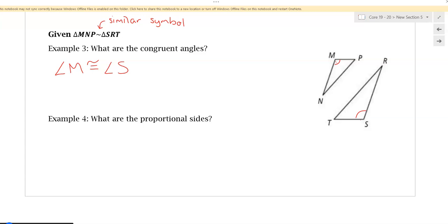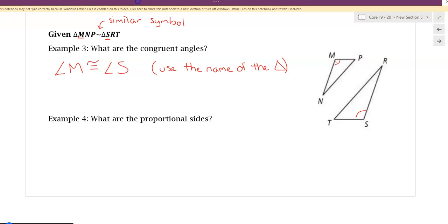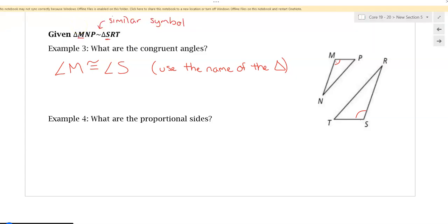The other thing you can look at, which is very helpful, is to use the name of the triangle. If I look, M is in the first spot and S is in the first spot. Those are going to be my corresponding ones.